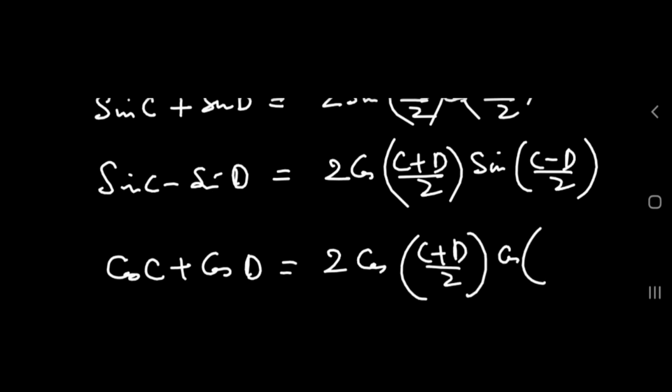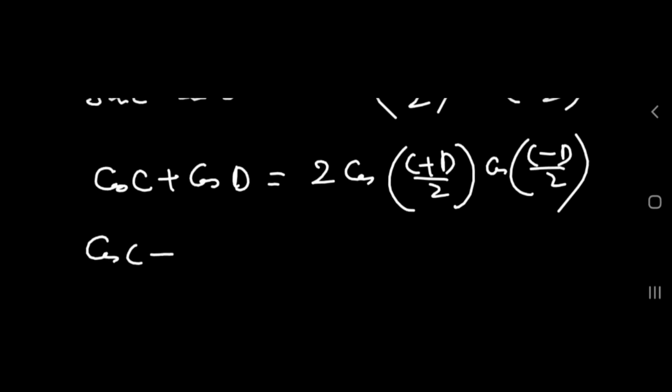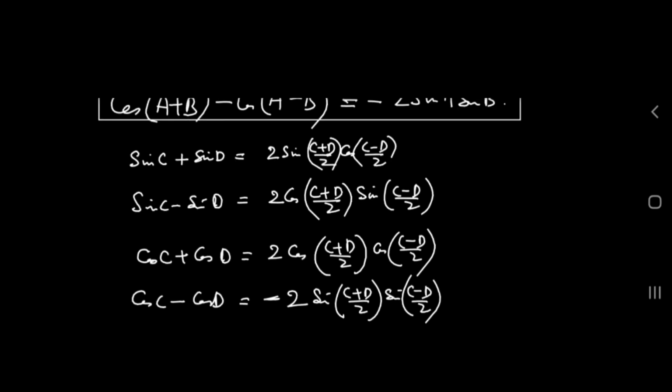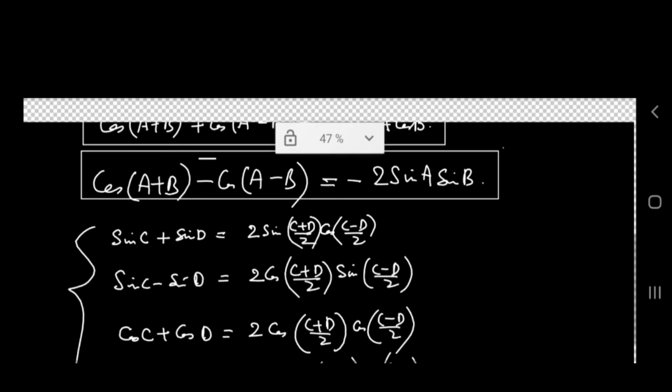And cos C − cos D gives −2 sin((C+D)/2) sin((C−D)/2). So these are the forms which are coming from the earlier derivations.